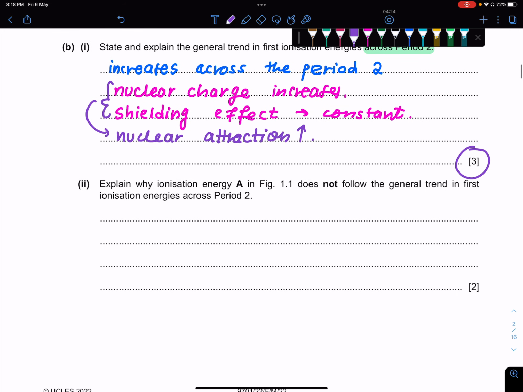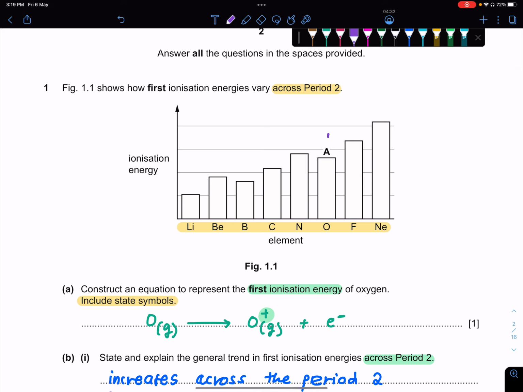Next part. Explain why element A does not follow the general trend in first ionization energy. Where's A? Okay, this is about oxygen. If you look at the periodic table, oxygen has atomic number 8, which implies that it is 1s2, 2s2, and 2p4.